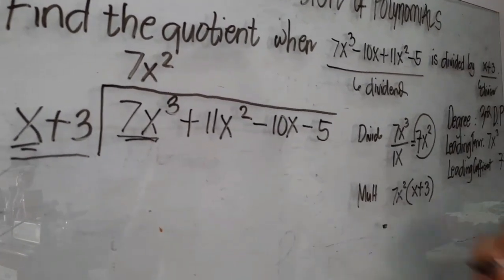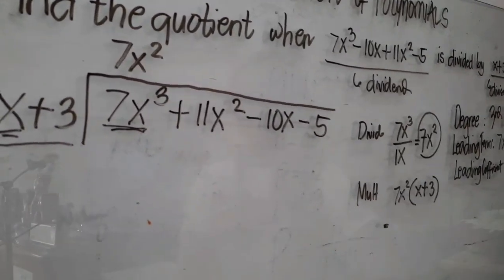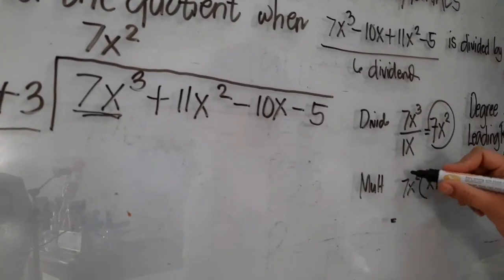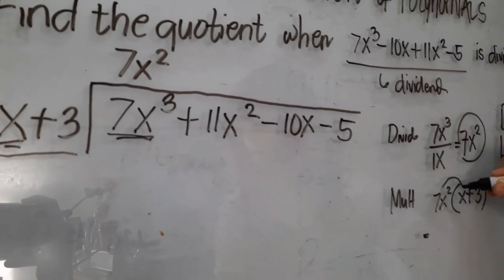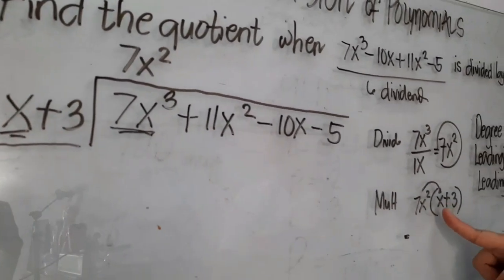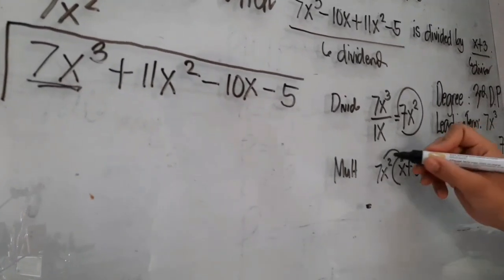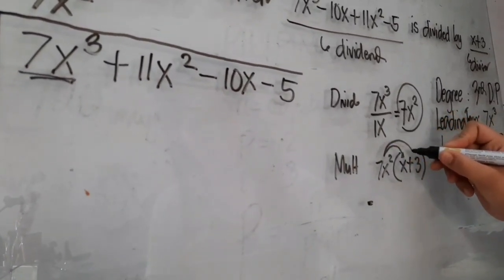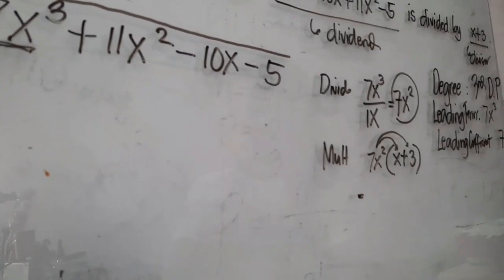So what is the answer? We will be applying the distributive property of multiplication. 7x squared will be multiplied to the first term of our binomial, and then 7x squared will be multiplied to the second term of our binomial.